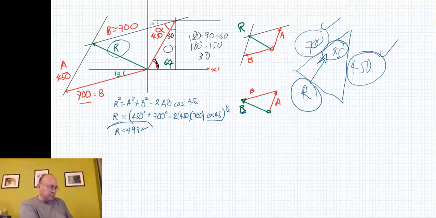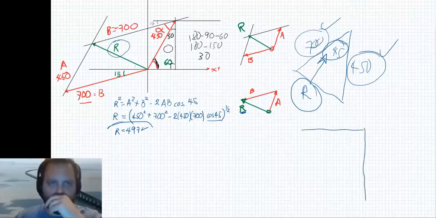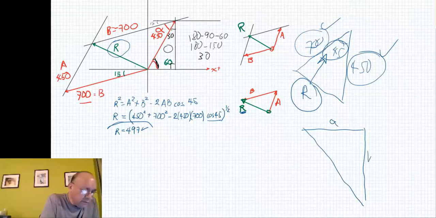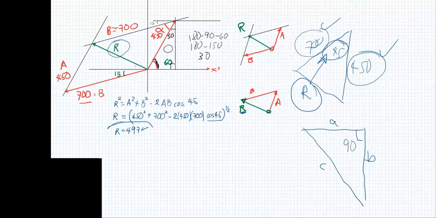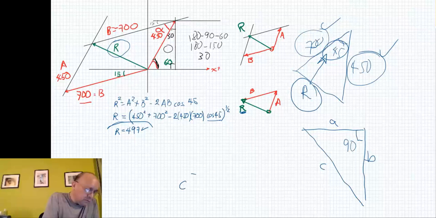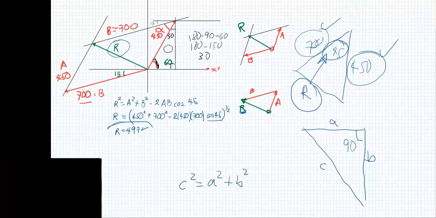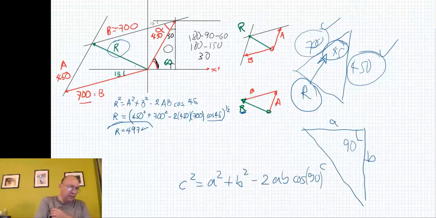All right. Remember we discussed somewhere that it is the same as the Pythagorean theorem, right? I just didn't see why we used 45, but I see it now. Okay. Remember that the Pythagorean theorem is a particular case of the cosine law.